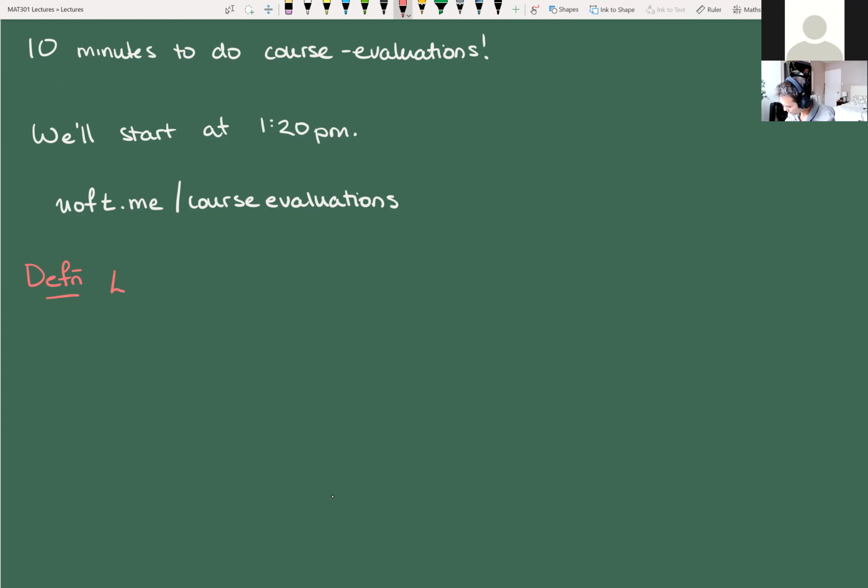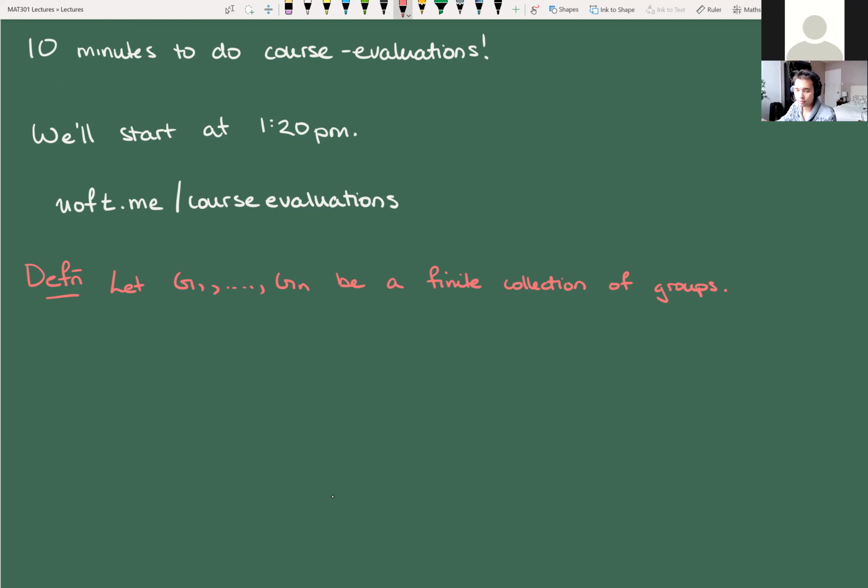So let's start out by saying let G1 through Gn be a finite collection of groups. Okay, and again, it's understood, even though I'm not going to write down what each of their group operations is, that they could have different group operations.